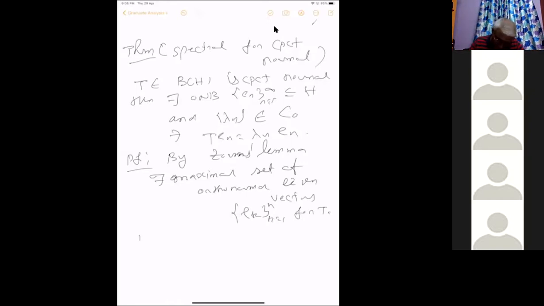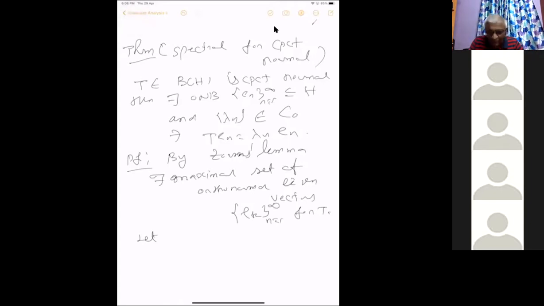The maximal set need not be finite. Oh, sorry, why did I write n? I want to write n equal to 1 to infinity. That was just a mistake; I'm not saying it's finite.